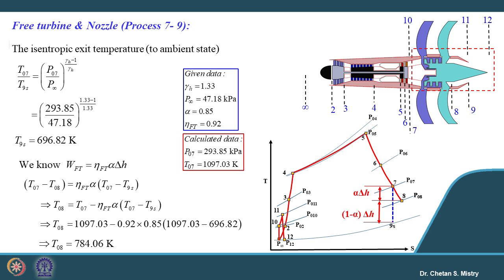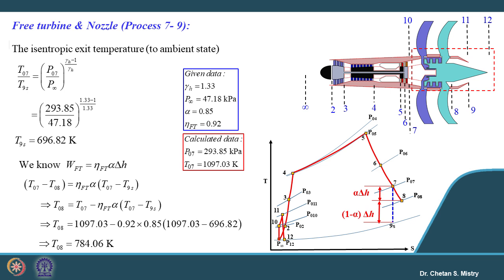Now, we have information in terms of the work developed, which can be written as the efficiency of the free turbine into alpha into delta H. This delta H can be represented as T07 minus T09S, and the free turbine work we write in terms of T07 minus T08.